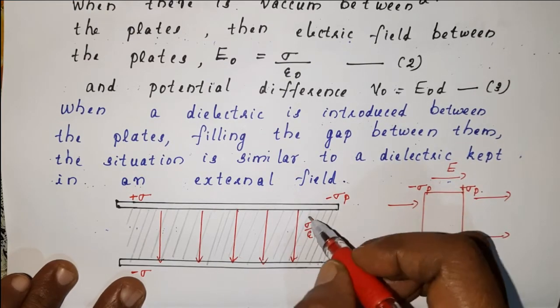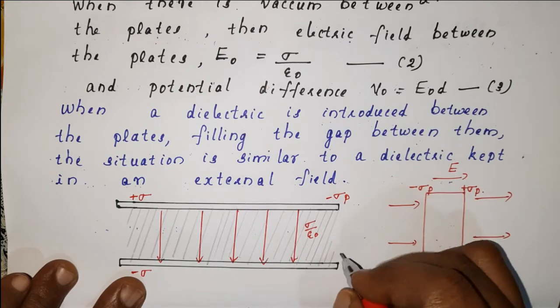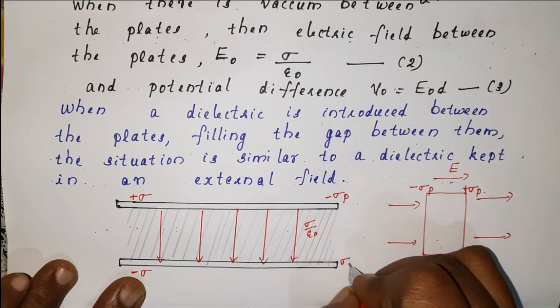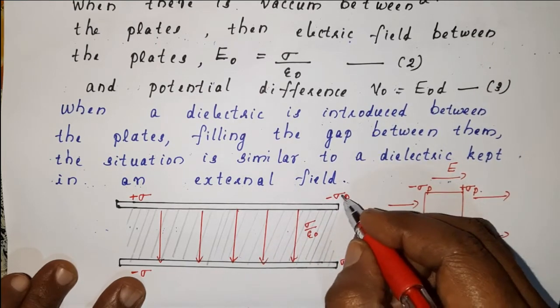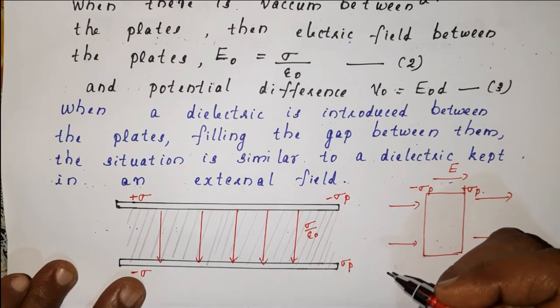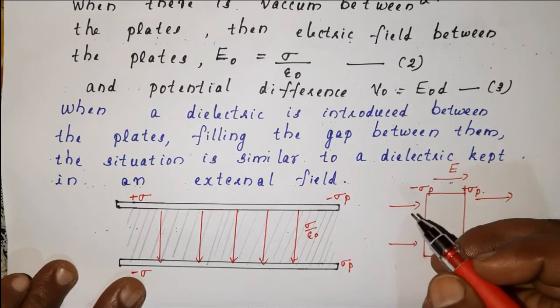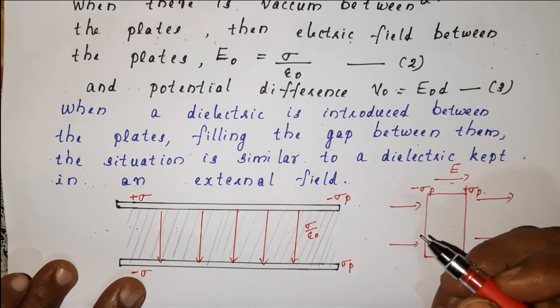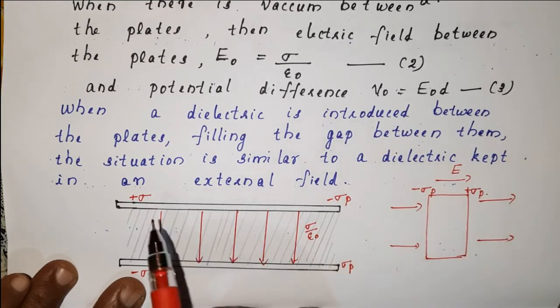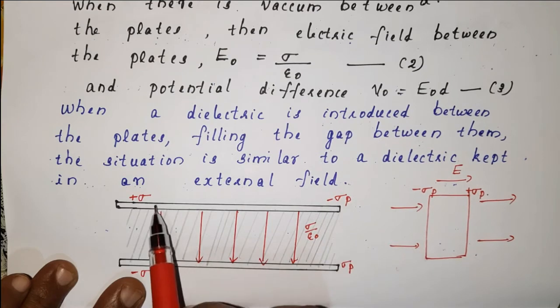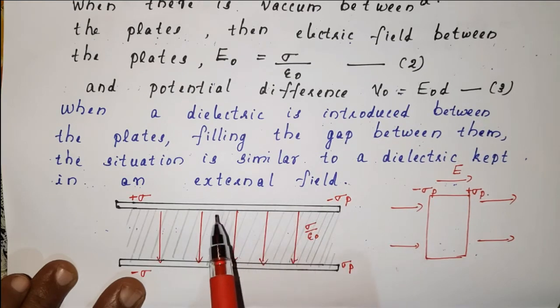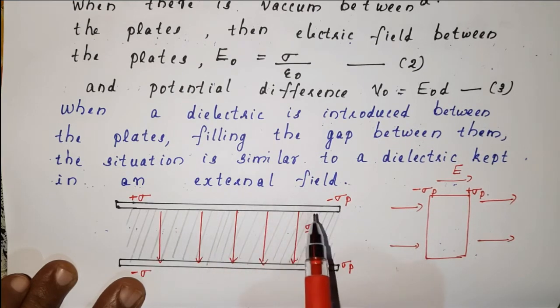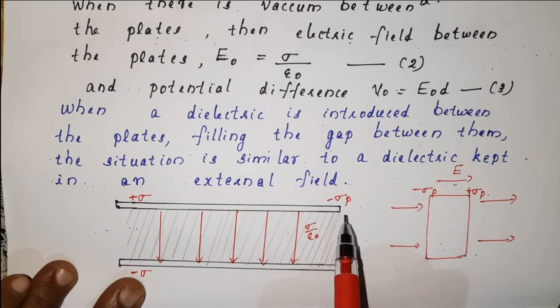Here top to bottom, so top you have minus sigma p and bottom you have plus sigma p. So this minus sigma p and plus sigma p is the field due to that polarization because of the presence of that dielectric. So effectively the charge density on the capacitor plate decreased.